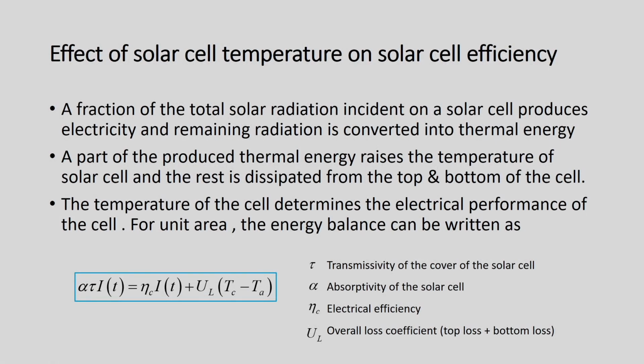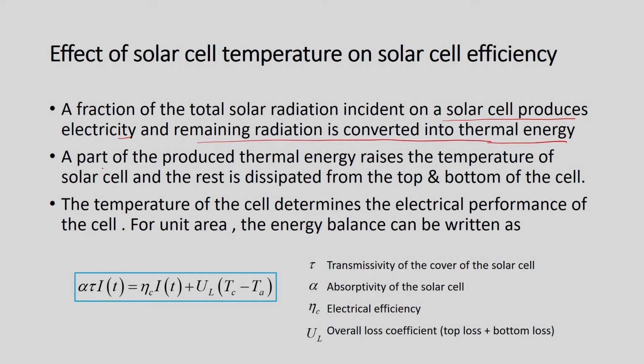Now let us learn the effect of solar cell temperature on solar cell efficiency, which is very important. A fraction of total solar radiation incident on a solar cell produces electricity, and the remaining radiation is converted into thermal energy.